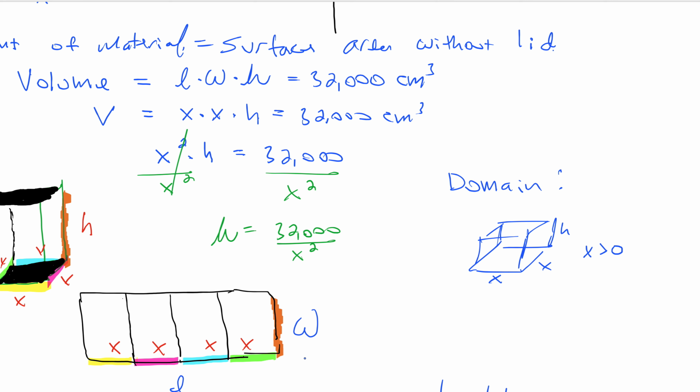You can have no length and width at the base. So x is greater than or equal to 0, and it's basically a square bottom that has 0 length and width.